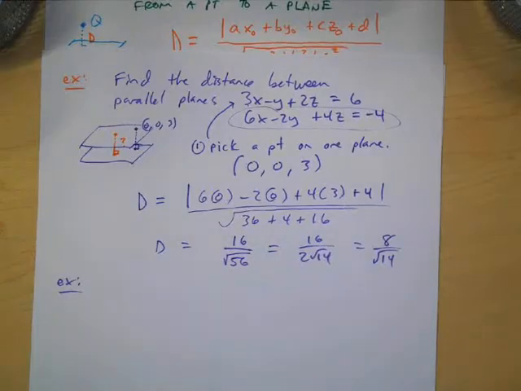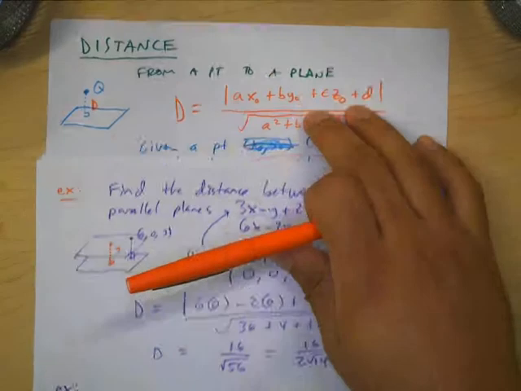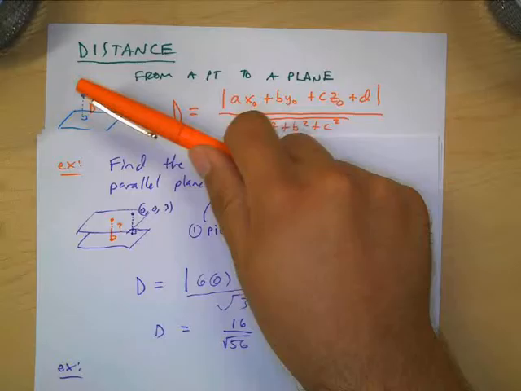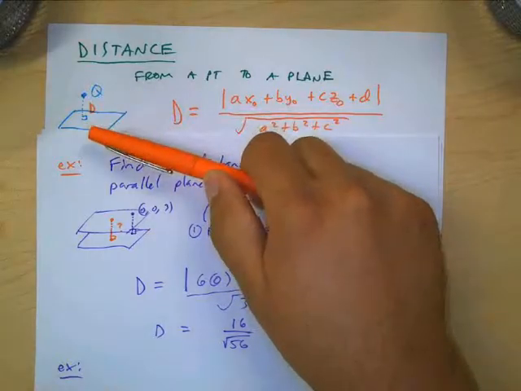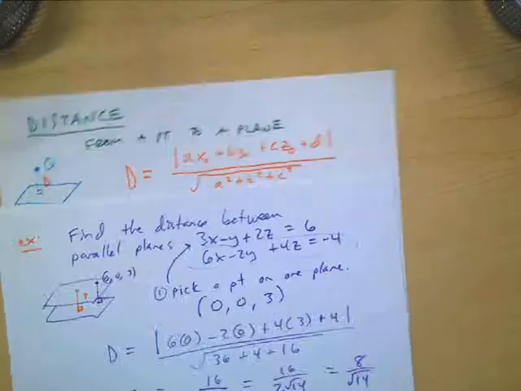Okay. So the hardest case is skew lines. But again, we're trying to reduce it so that it's just a single point to a plane. If we can do that, then we know how to do it.